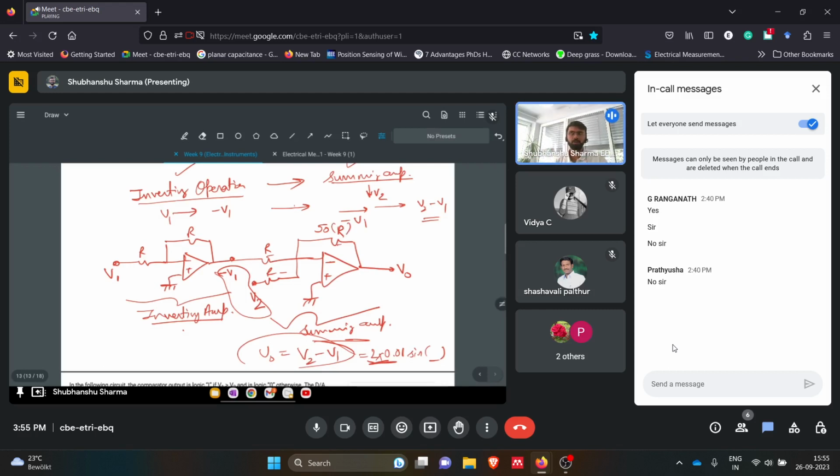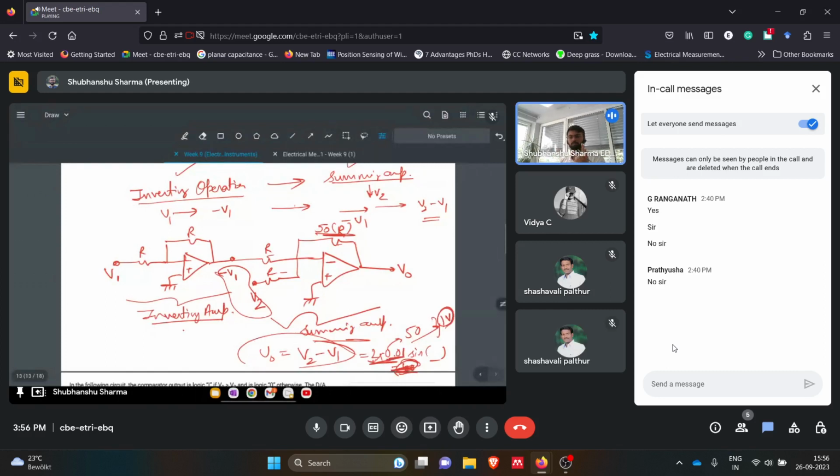Although there will be a lot of errors, because each and every resistor will have some tolerance, just for the sake of solving this question, if we use 50 times R, that means 50 R resistors in series, this factor will be multiplied by 50, and then we will get an amplification of 100. That means 50 into 2 into 0.01. So finally the amplitude will be 1 volt.